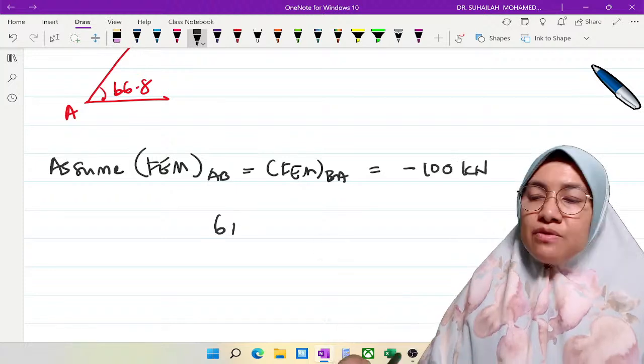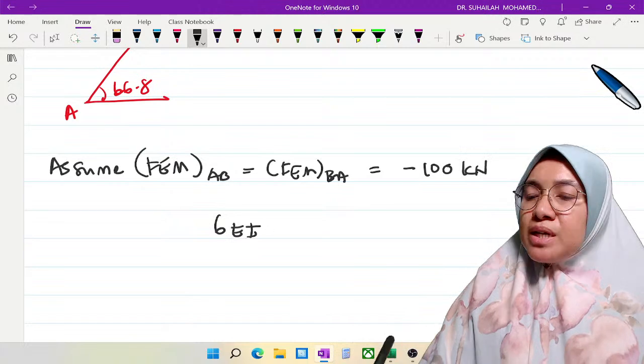The formula is 6EI delta 1 prime, because this is for AB, divided by the length. What was the length earlier? Where is it?